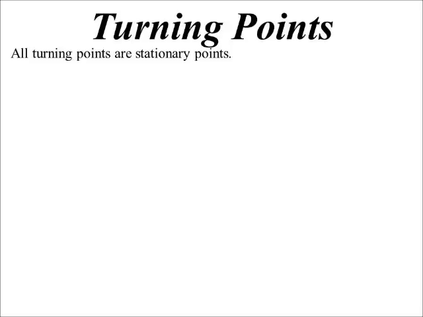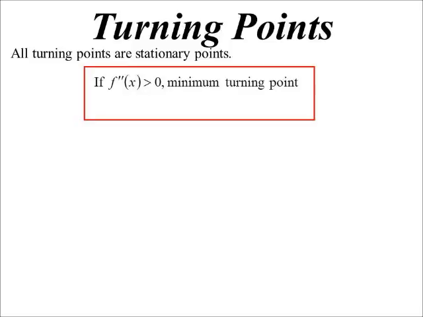So combining finding the stationary points with the fact that it's also concave up, therefore, minimum turning point. But if it's concave down, maximum turning point. Here I am up at the top. And you can do that in the exam if you like. You can use your arms and wiggle your head. You go, I'm down the bottom. Or, oh, look, I'm at the top.